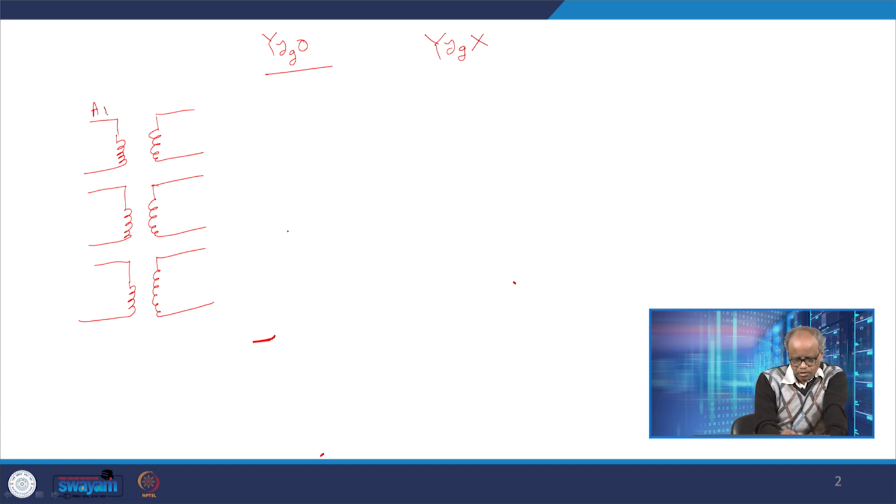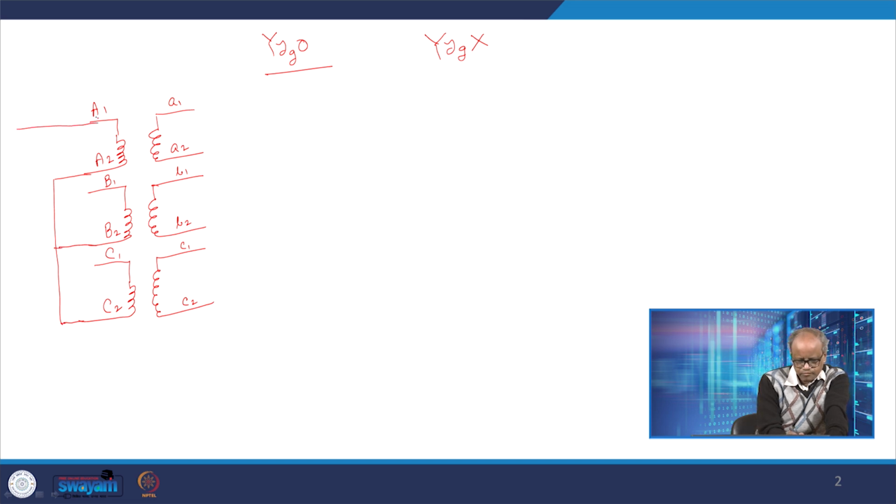So this is A1, A2, B1, B2, C1, C2, A1, A2. After that, as usual, we connect A2, B2, C2 together, but because it is not grounded, we do not ground it.